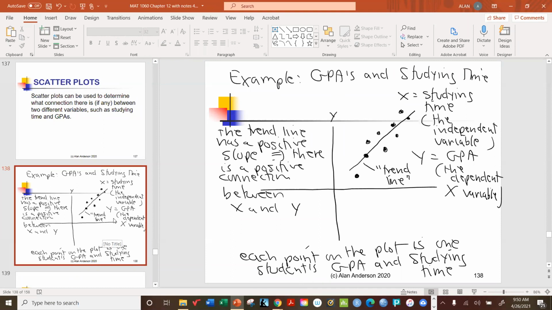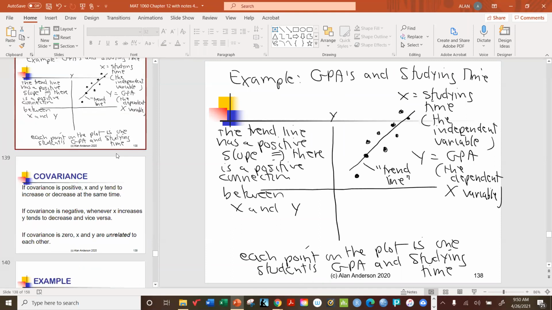Now, if I were to do the same thing for GPAs and texting time, well, then the plot should look very different. What do I mean by that? Well, remember here, we're assuming that when people text more, they're wasting time and they're not studying.